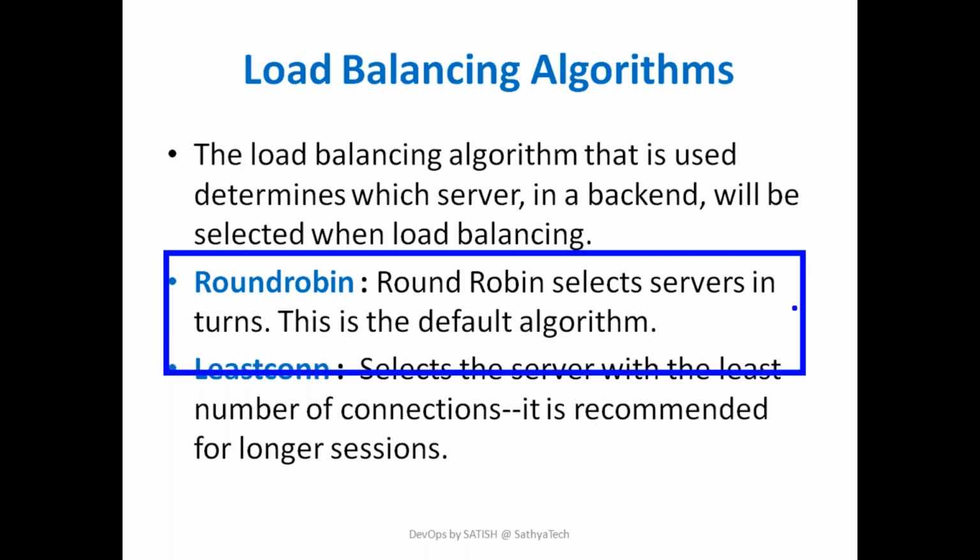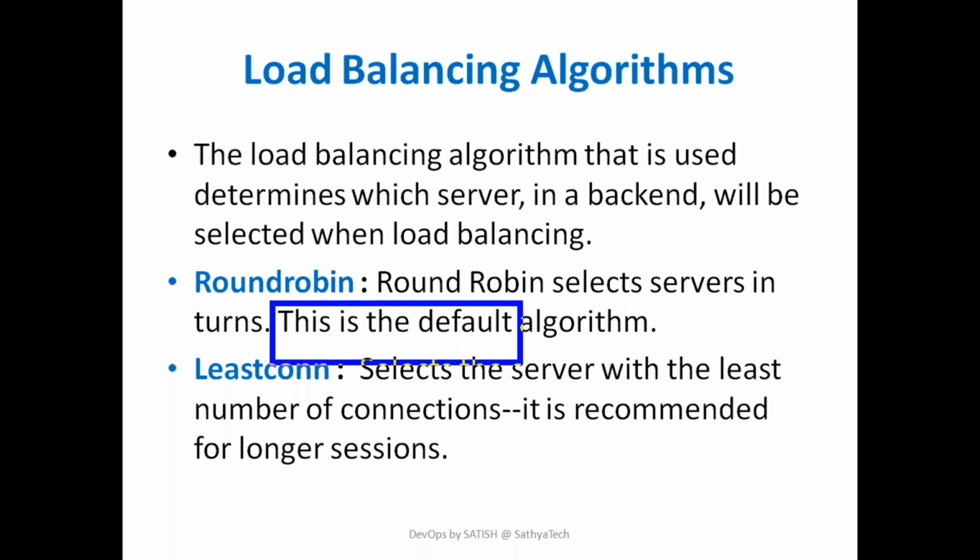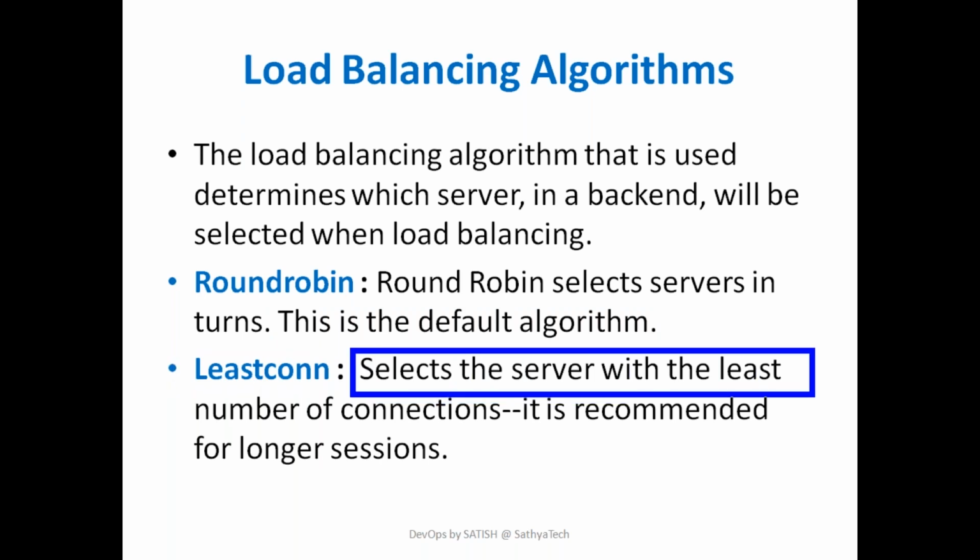How will round robin select the servers? Just see here. Round robin selects the servers in turns, and round robin is the default algorithm. And how will least count select the servers? It will select the server with the least number of connections.